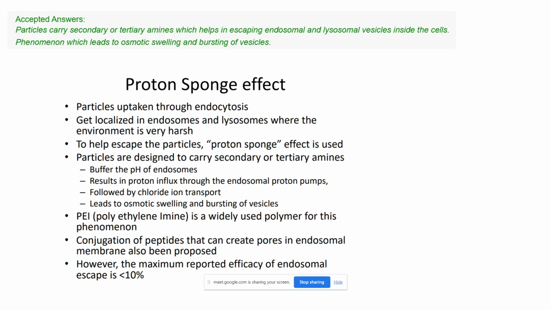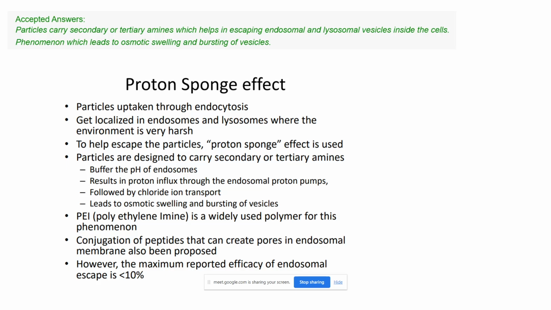The answer is A and B. The first option that is correct is particles carry secondary or tertiary amines, which helps in escaping endosomal and lysosomal vesicles inside the cells, and phenomena which leads to osmotic swelling and bursting of vesicles. So particles are basically taken through endocytosis and they get localized in endosomes and lysosomes where the environment is very harsh. And to escape this mechanism, proton sponge effect is used.